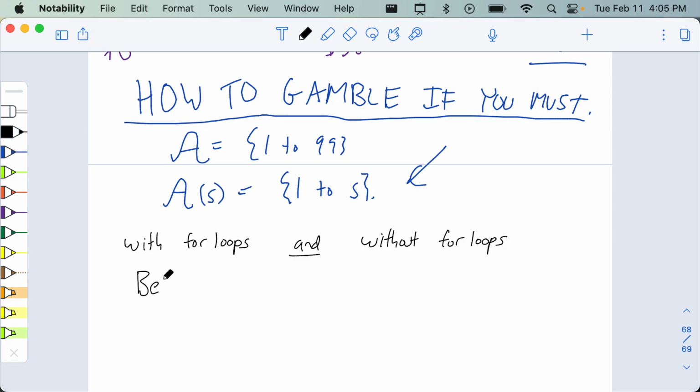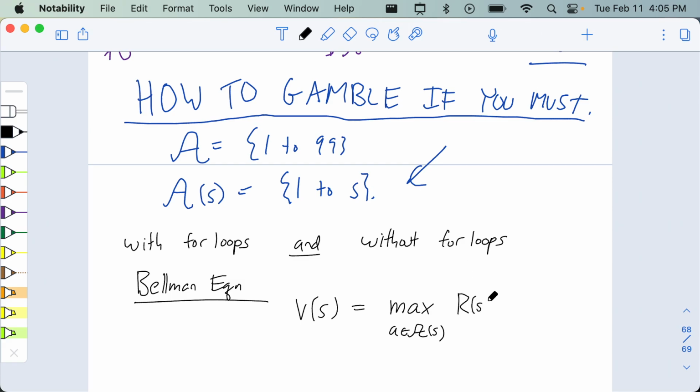We have the two big tenets of the Bellman equation that we already saw, and one of them says V of S is the maximum over the allowed actions. So we have to somehow enforce the allowed actions. Then you have the reward now, on average, plus gamma times the reward later.